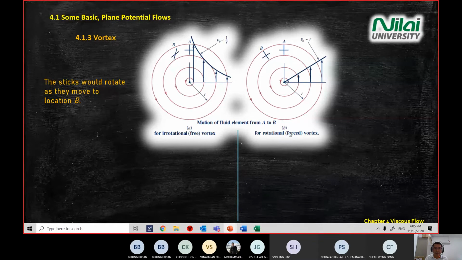However, for the forced vortex, you will have v theta equal to kr. You have a straight line, y equal to mx plus c. Meaning that as you increase your r, your velocity component in the theta will be increased. However, for the free vortex, as you increase your r, your v theta component will be reduced. So it's a bit different between the two.